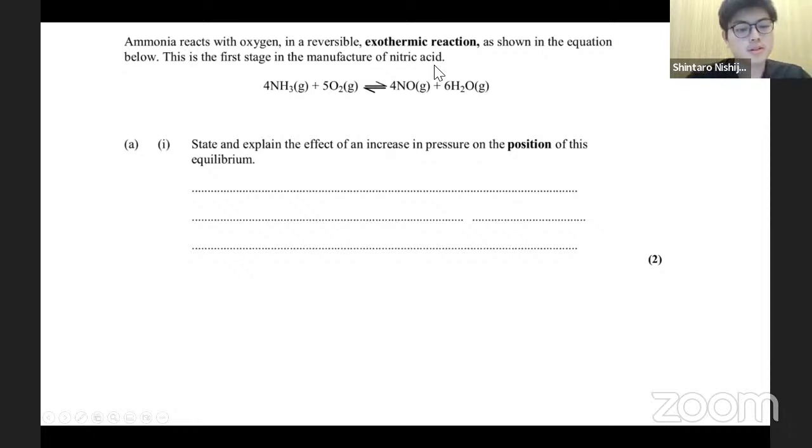What characteristics do all reactions have at equilibrium? Well, if it's at equilibrium, then the defining property is that the concentrations of the reactants and products remain the same. Hence, it's called an equilibrium. Another thing to remember is that it's a dynamic equilibrium. The reason we call it dynamic is because the forward reaction is still going and the backward reaction is still going.